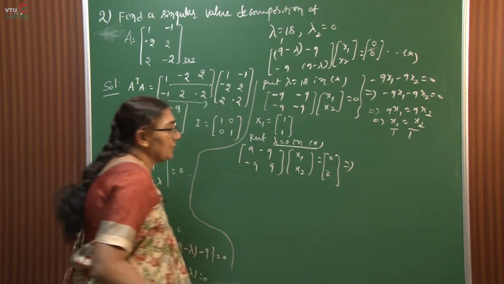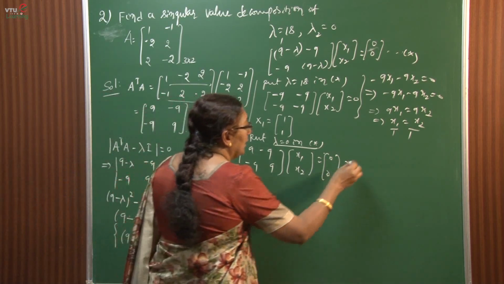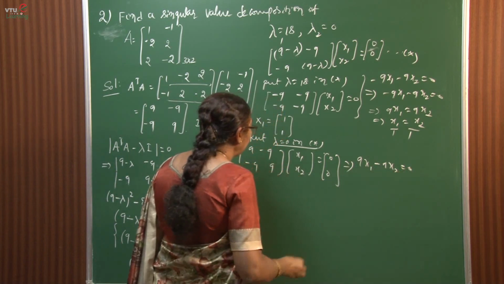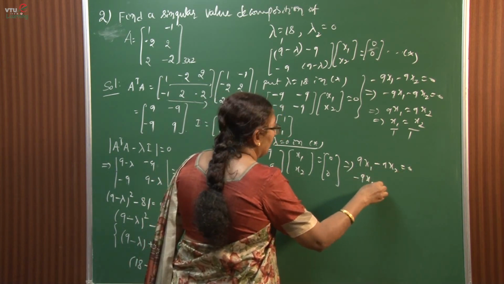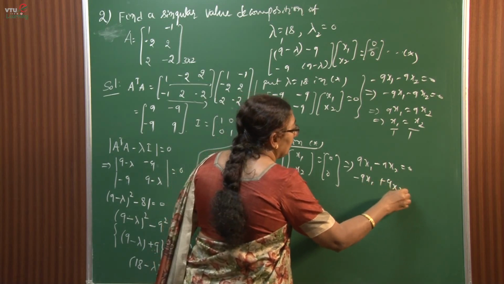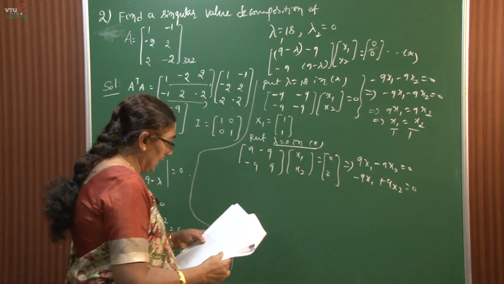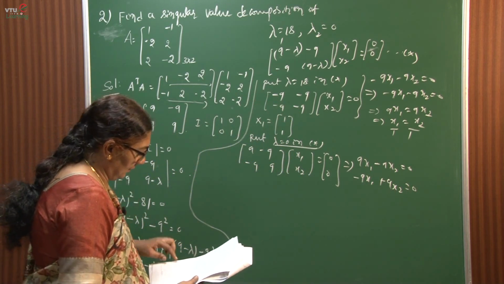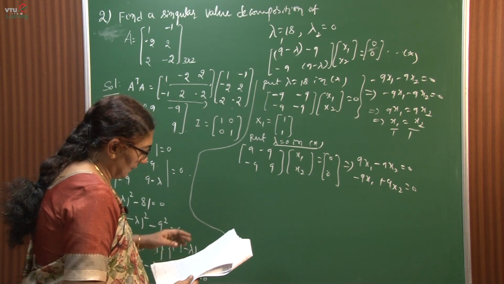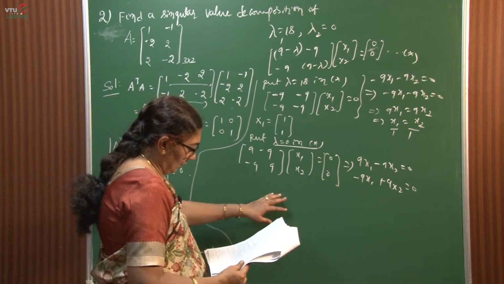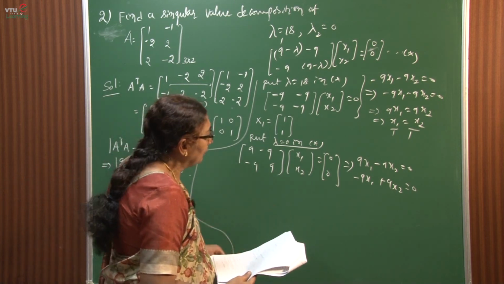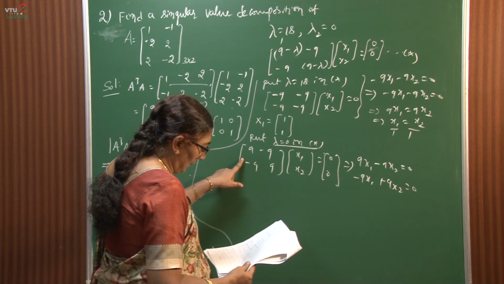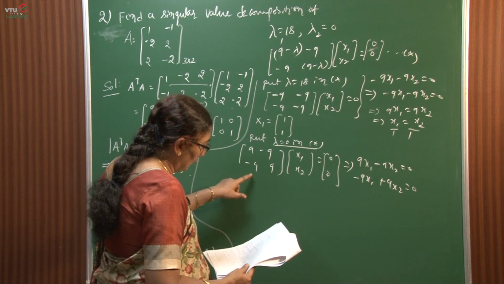Write the equations: both are of the same form, 9x1 minus 9x2 equal to 0 and minus 9x1 plus 9x2 equal to 0. Simplifying, we get x1 equal to x2. So for lambda equal to 0, we get [1, 1].